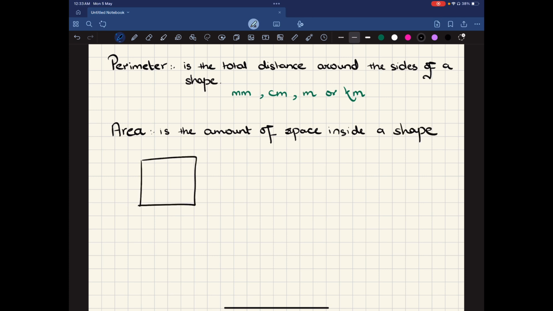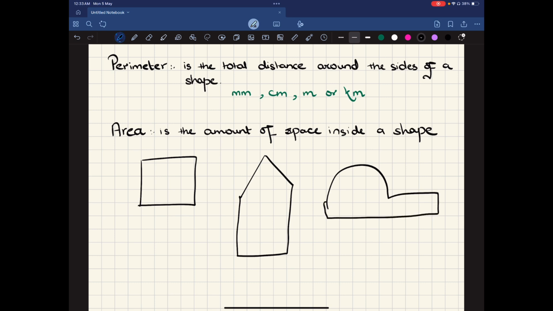So what exactly is area? For example, this is what we calculated, right? So what was perimeter? I'm going to highlight what the perimeter was. So the perimeter was this side plus this side, this side, this side, right, of this shape.